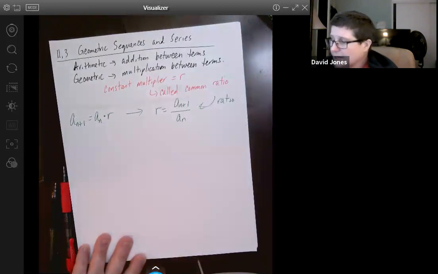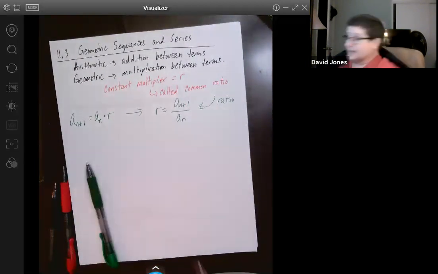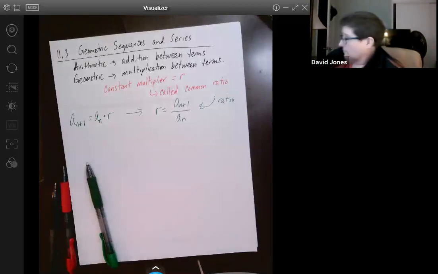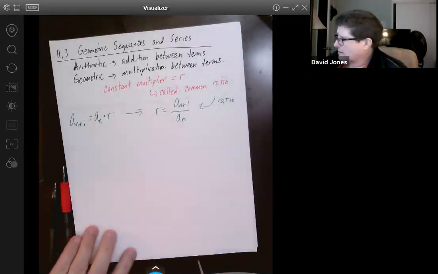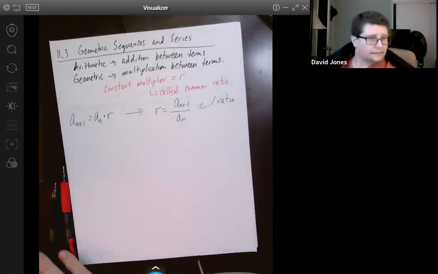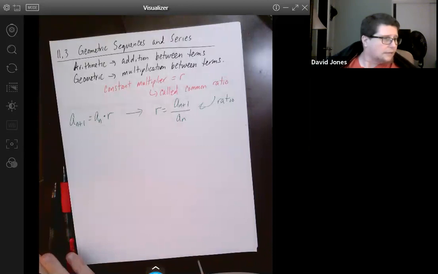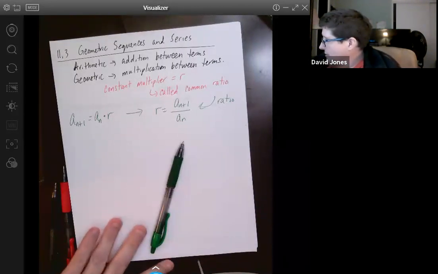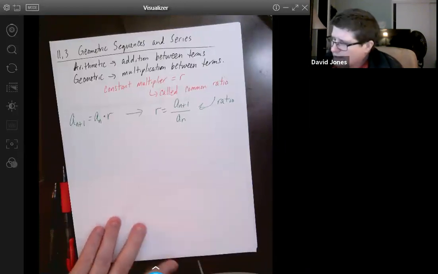And this thing is going to be common between each two consecutive terms. And so that's the geometric sequence.